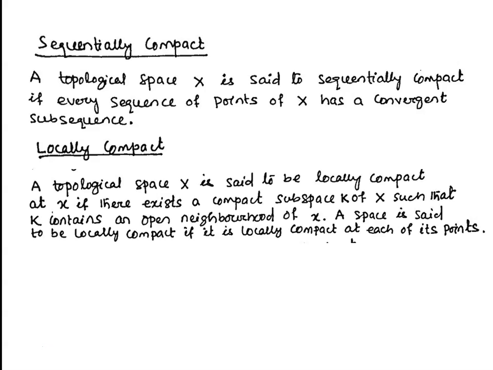A topological space X is said to be locally compact at a point x if there exists a compact subspace K of X such that K contains an open neighborhood around that point. That means a space X is locally compact at a point x if there exists a compact subspace K of X such that K contains an open neighborhood around x.